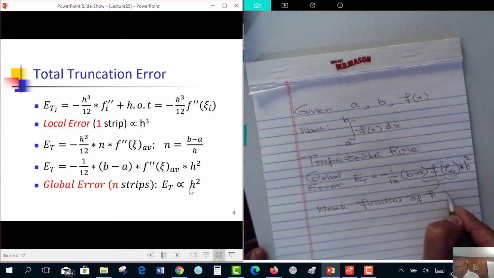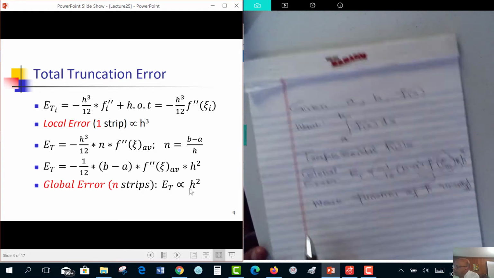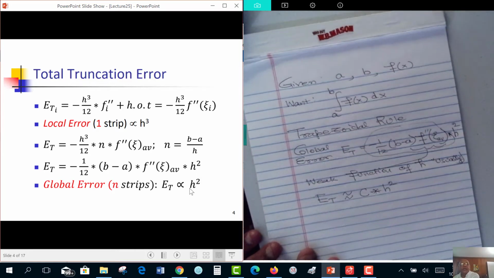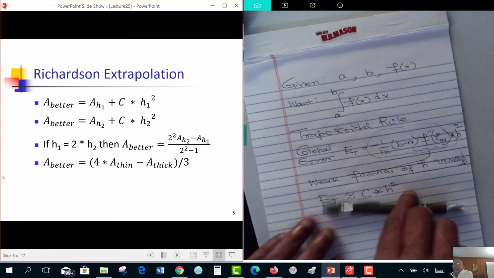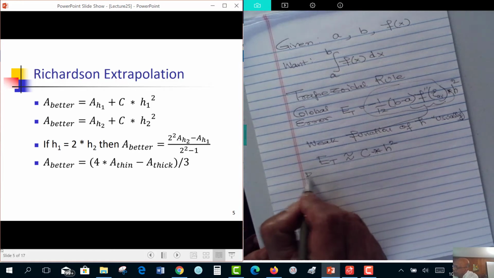So for all practical purposes, we can say all of this is really a constant. So we can say ET is proportional to h square, that is, almost constant times h square. We can utilize this idea to do a better estimation, and this better estimation is known as Richardson extrapolation.